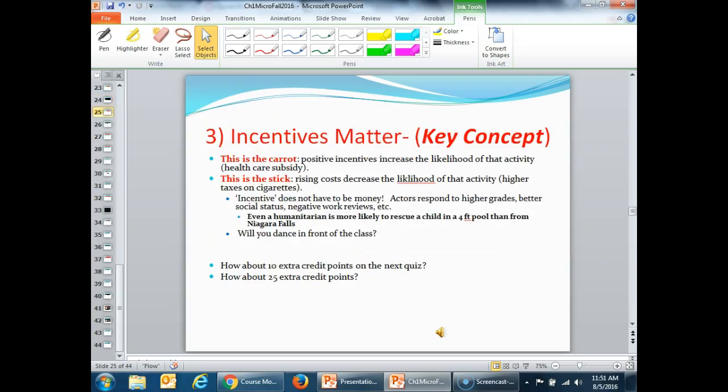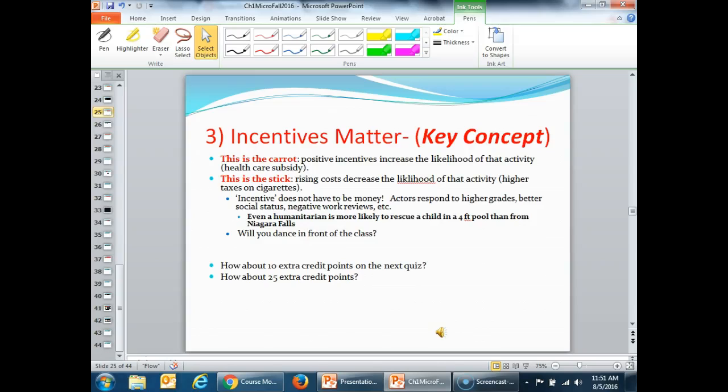All right, incentives matter. This is another one. Economists are all about incentives. If we want to reduce soda consumption, we would recommend a tax on sodas. If we want to increase healthcare consumption, we would recommend Obamacare, a subsidy for medical insurance.